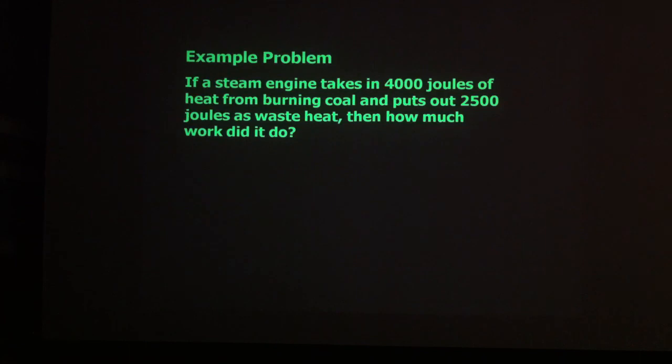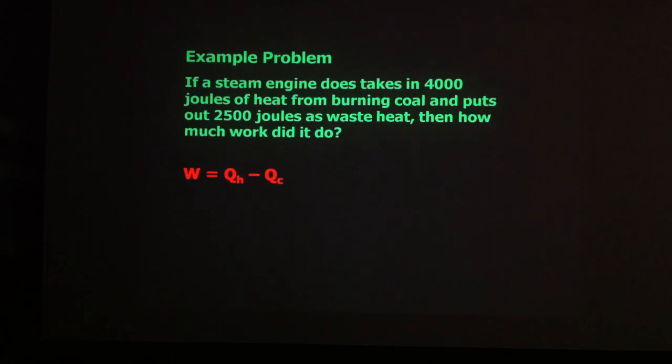So let's do an example problem. If a steam engine takes in 4,000 joules of heat from burning coal and puts out 2,500 joules of waste heat, then how much work did the steam engine do? So let's go ahead and look at our formula, and this is on your formula sheet, so there's nothing to worry about. We have that the work done is equal to the heat at the high temperature reservoir added minus the heat that's expelled at the low temperature reservoir.